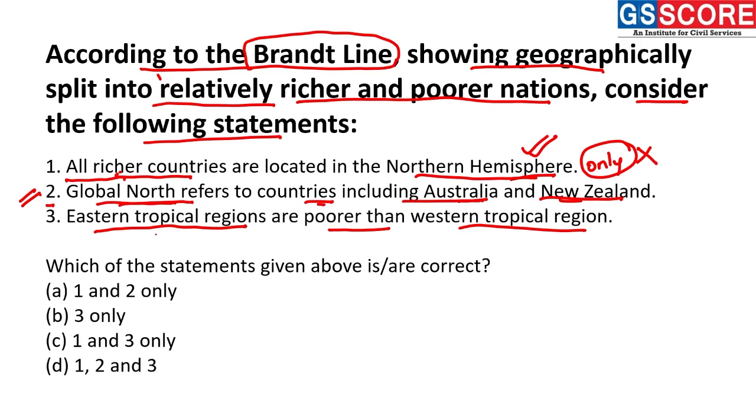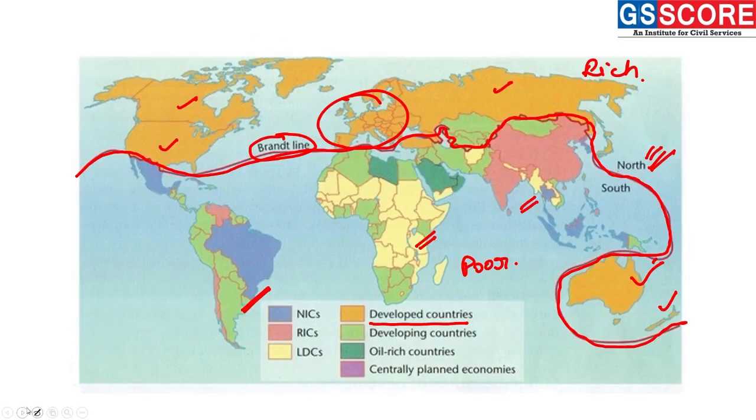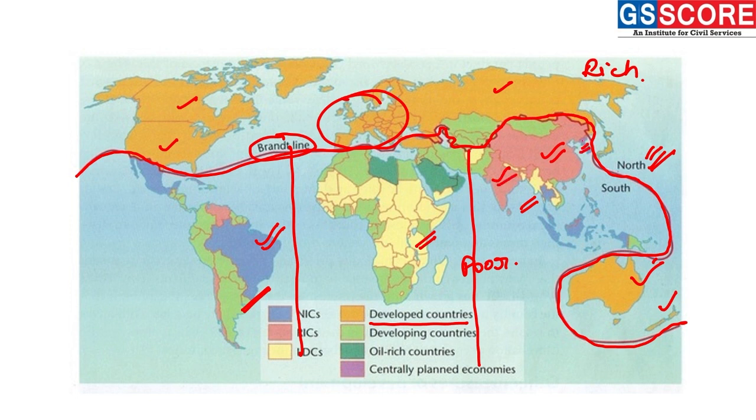Statement 3. The eastern tropical regions are poorer than the western tropical regions. Is this statement correct or incorrect? This statement is basically incorrect. If we look at the map, we have no division of the countries on the basis of tropical regions. But it can be seen that countries like Brazil, China, India, Korea, and also Saudi Arabia, they are quite developing countries.